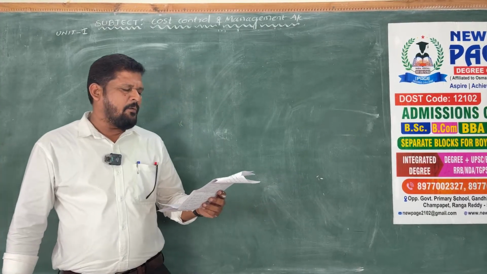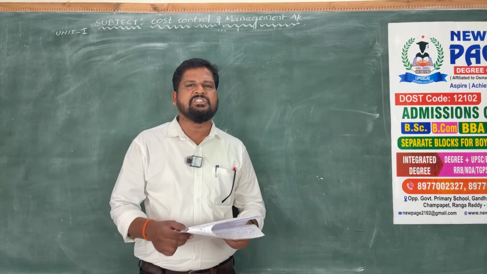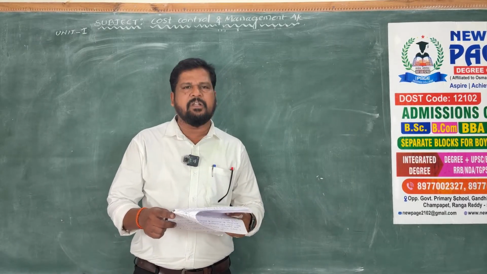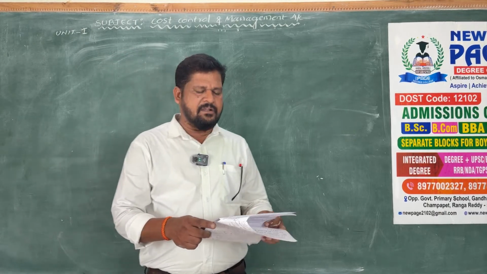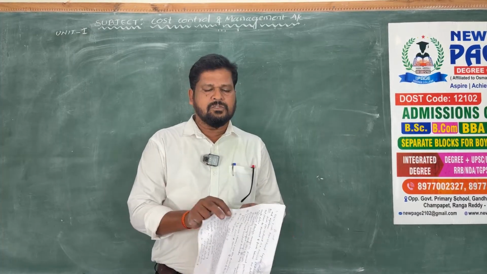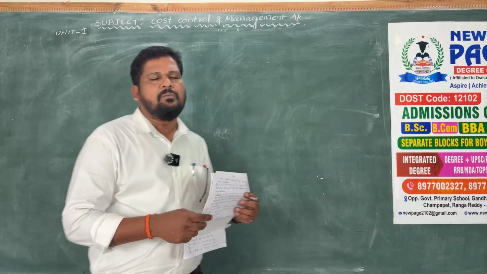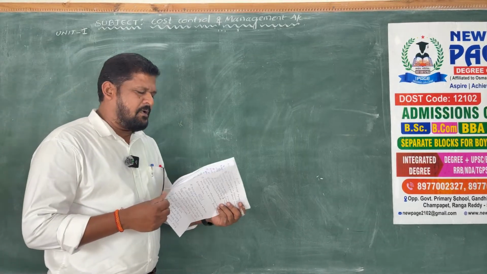Next, cost control, performance evaluation, helping decision making, proper profit maximization, improved communication, and detection of problems. So these two questions are most important. One question is compulsory in the exam.